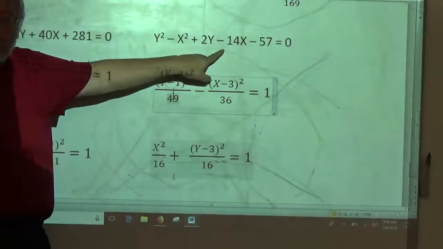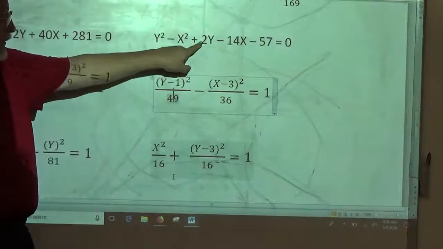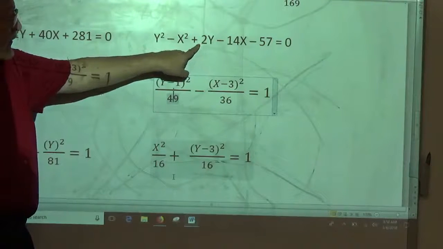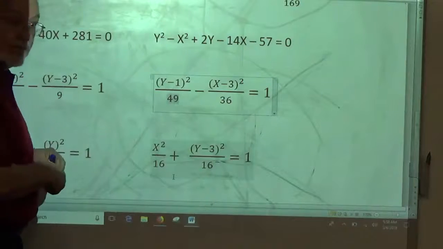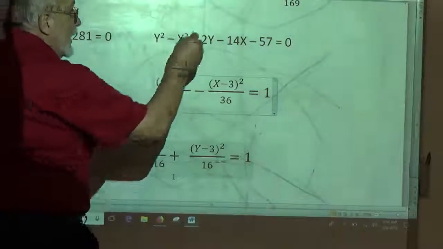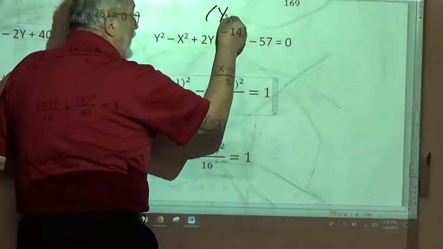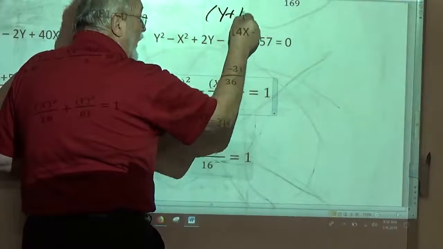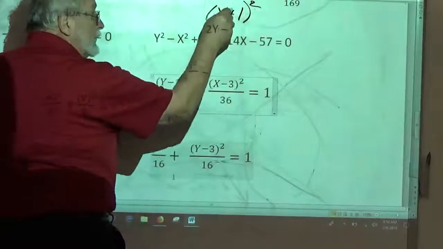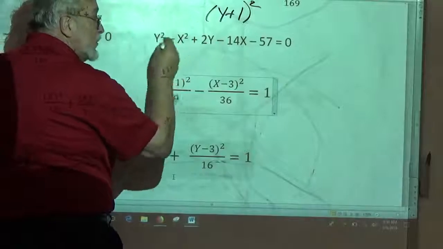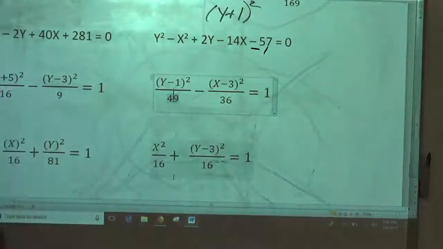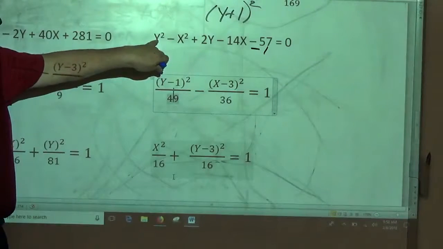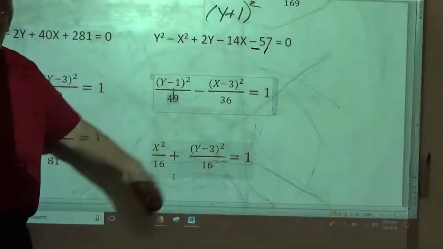I need the 2. So it's y squared plus 2y. What's half of that? 1, right? So it's y plus 1 squared, and my third thing is going to be 1 squared, so therefore I have to put a -1 on this side. Because I've got 3 numbers. I've got this, this, and a 1.